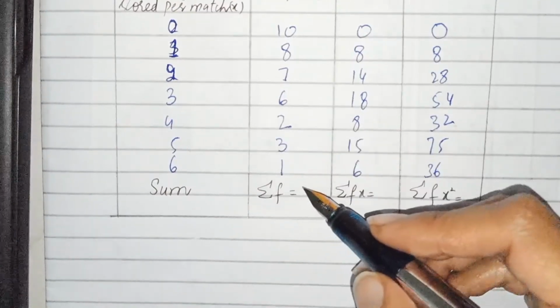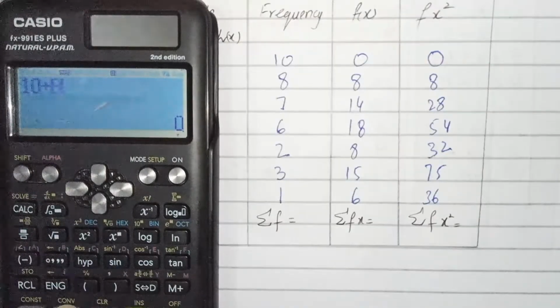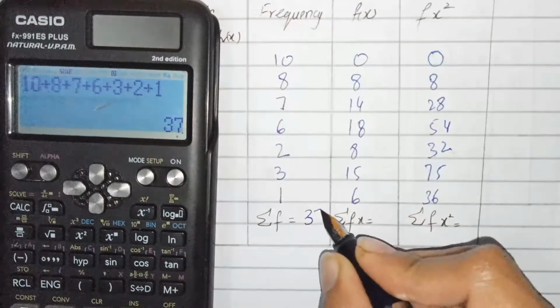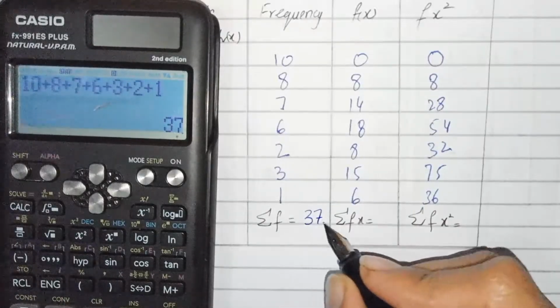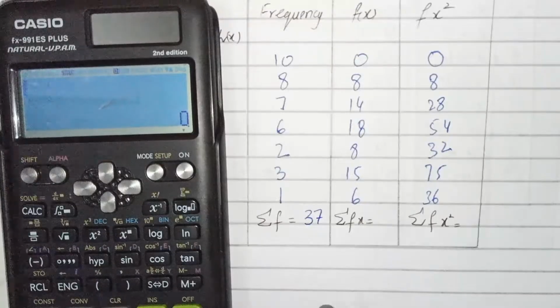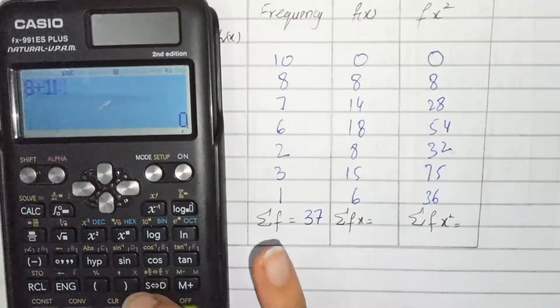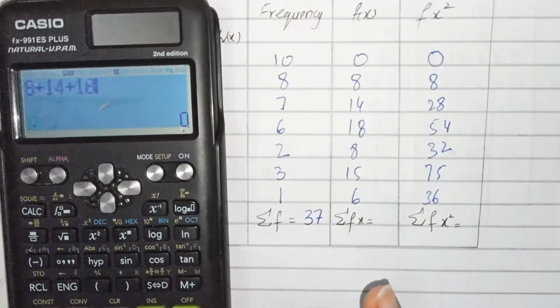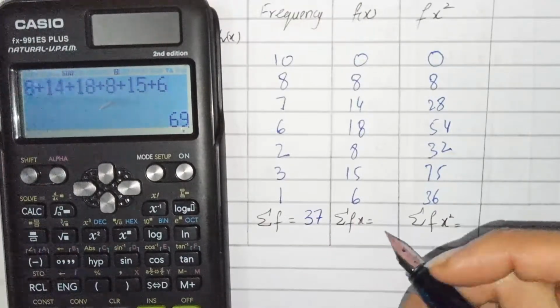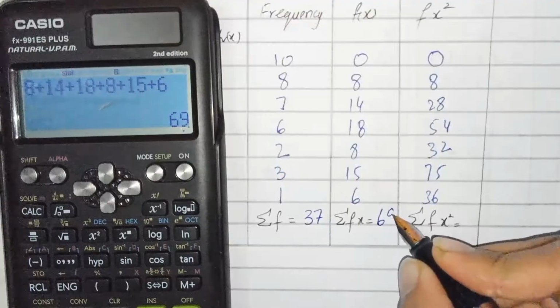Now we have to add these values: 10 plus 8 plus 7 plus 6 plus 3 plus 2 plus 1, and we get the answer 37. The sum of frequency is 37. Now we have to find the sum of fx: 8 plus 14 plus 18 plus 8 plus 15 plus 6, and we get the value 69.